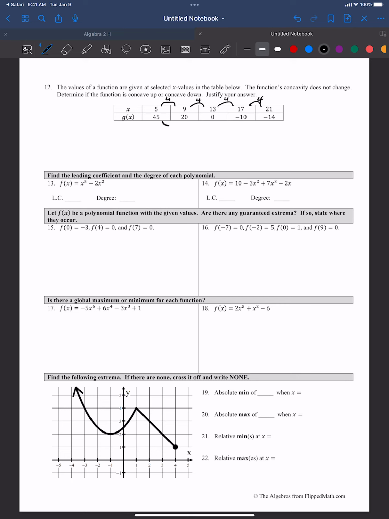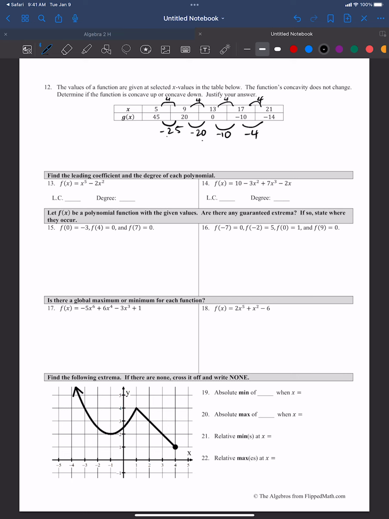All right. Now the next thing is I am going from 45 to 20. That is decreasing by 25. From 20 to 0 is minus 20. And then 0 to negative 10 is negative 10, and then negative 4. So my y values are decreasing, okay? Because my rate of change is increasing over the equal length, right? As I'm going from negative 25 to negative 20, that's a plus 5, plus 10, so on and so forth.